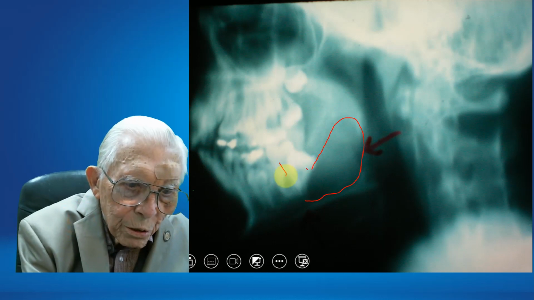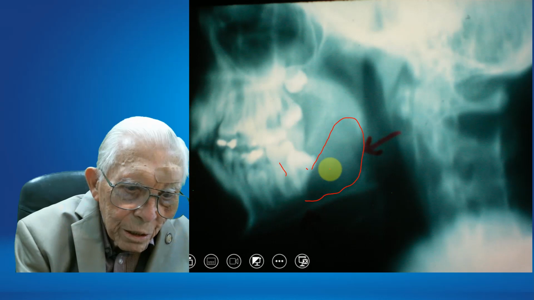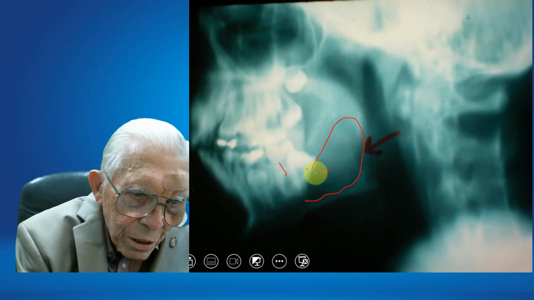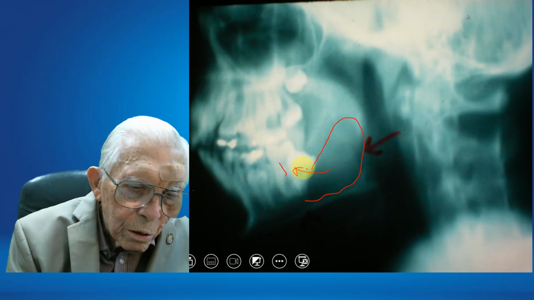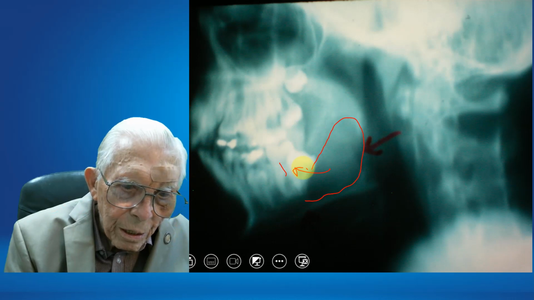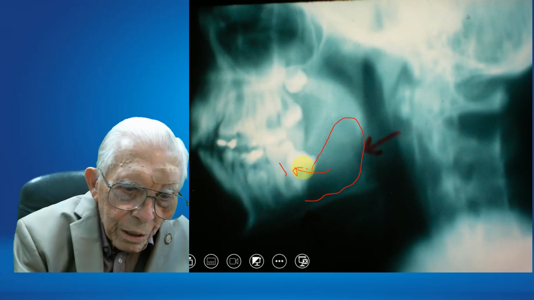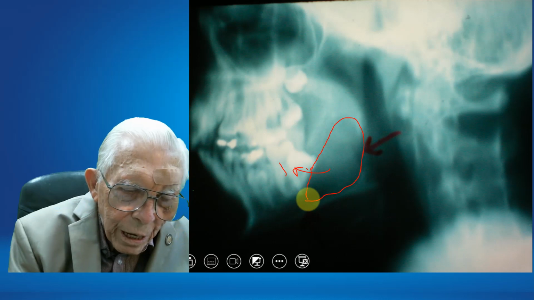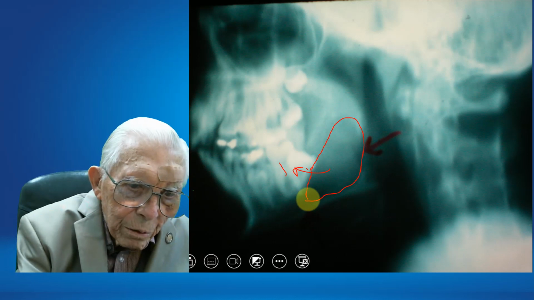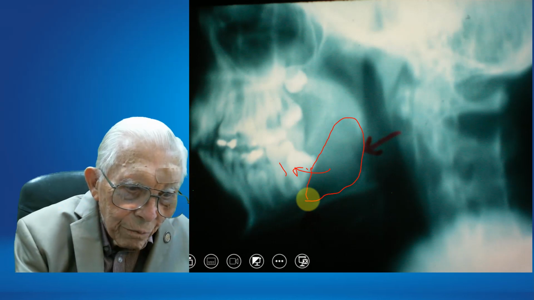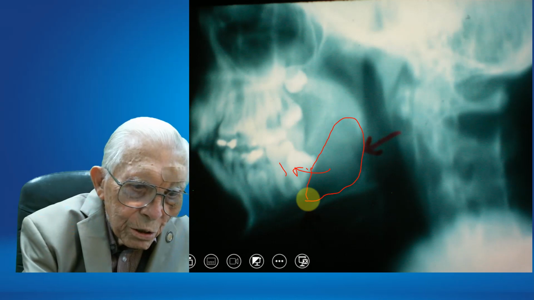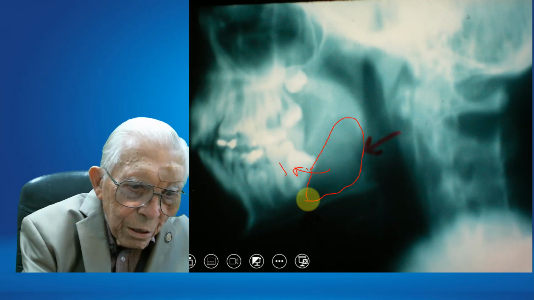This is a 6-year molar. It has taken this molar tooth and jammed it up into this corner right here. When the surgeon went to take it out, he peeled that cyst out, and if I'm not mistaken, he took this tooth out right in here.